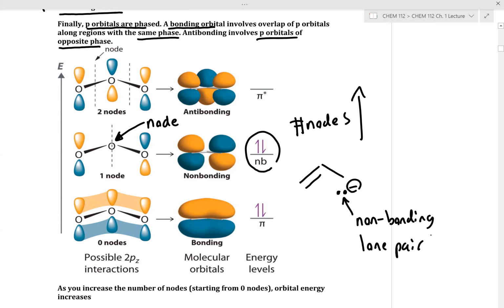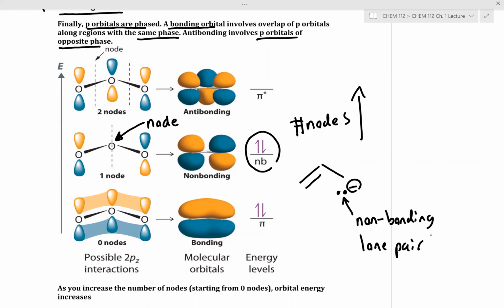Now, another thing that I want you to appreciate in this diagram, if we compare your typical non-bonding interaction to this conjugated bonding orbital interaction, what molecular orbital is lower in energy? If energy is arranged vertically, what's the lowest energy molecular orbital?